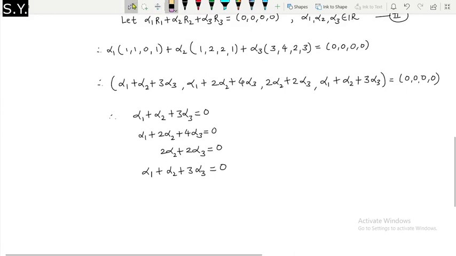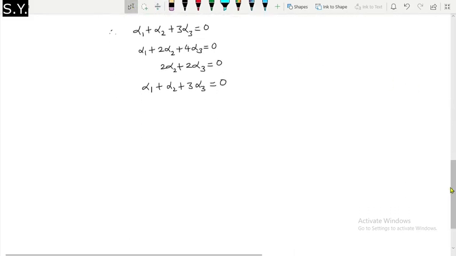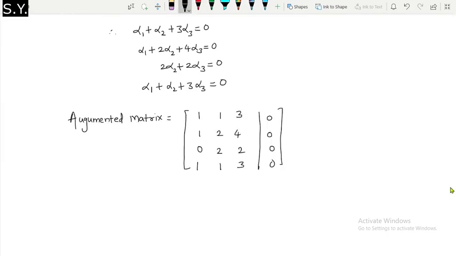Okay. So what will be my augmented matrix? Which operations? On R2 we are going to perform R2 minus R1. Then on R4 we are going to perform R4 minus R1.